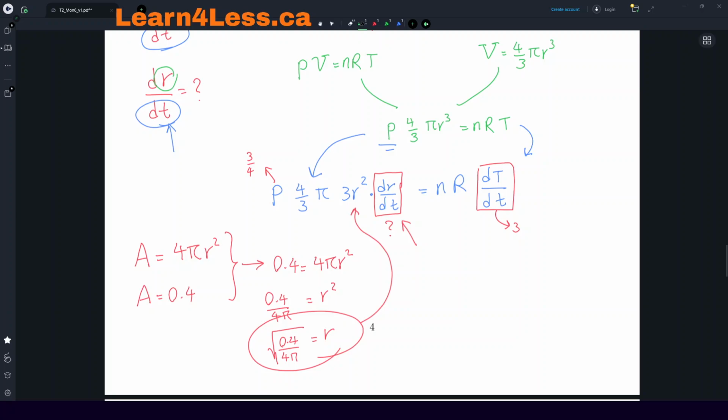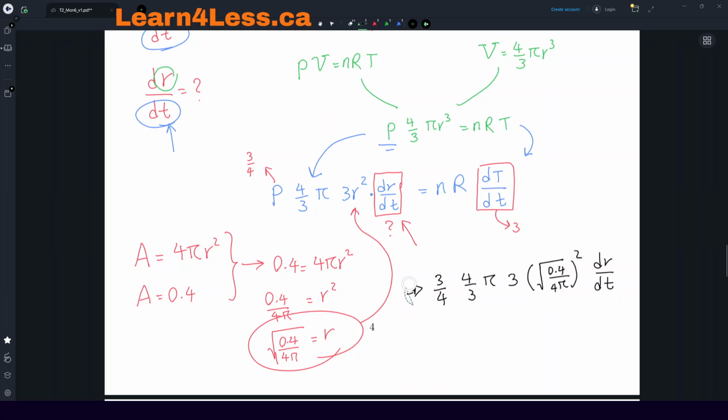So now what I get is 3 over 4. I'm just plugging all the values in. So 3 over 4 times 4 over 3 times pi times 3 times r squared, which is the square root of 0.4 over 4 pi squared, times dr over dt.